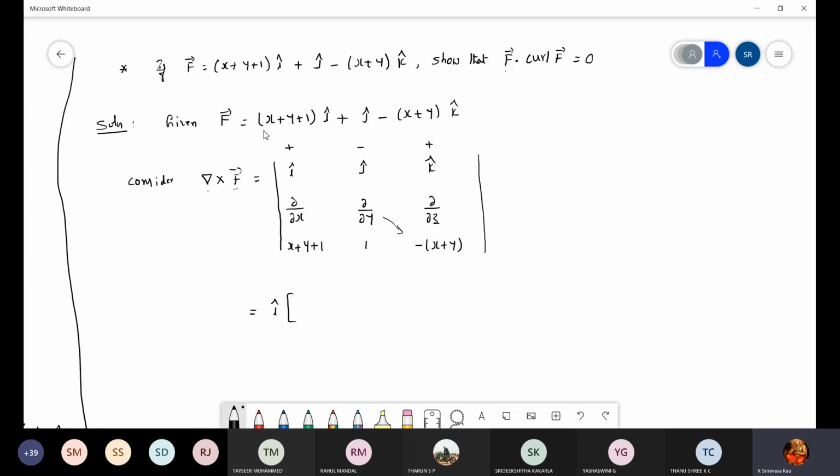For i cap, you leave that particular column and row, and you get these 4 terms, a 2 cross 2 determinant. If you want one more step: dou by dou y of minus of x plus y, minus dou by dou z of 1. I will simplify and put the direct answer. You can verify your answer.